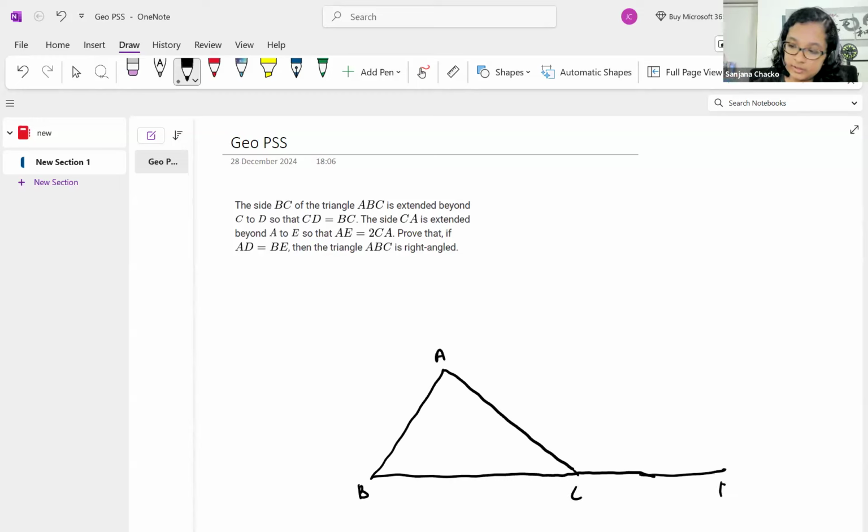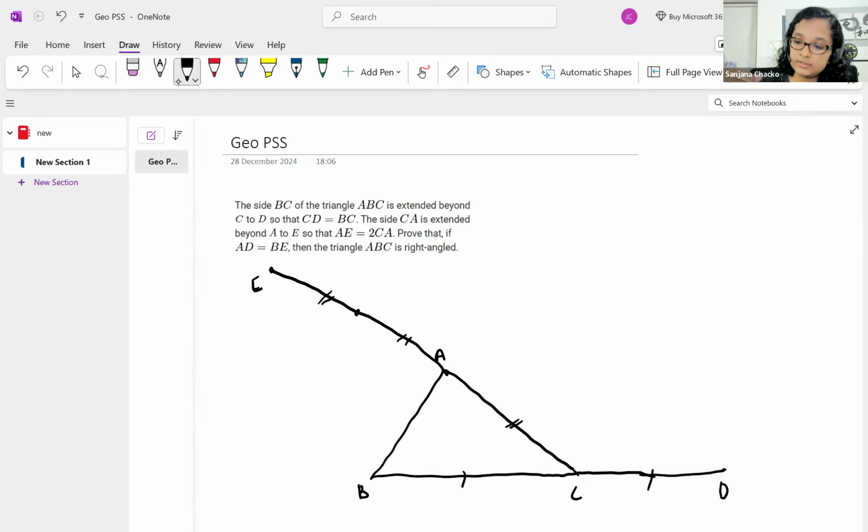You're given a triangle ABC and some length conditions. You have D such that BC is equal to CD and D is on line BC. You're also given E on line AC such that AE is equal to twice of CA, so this is equal to twice of this length.